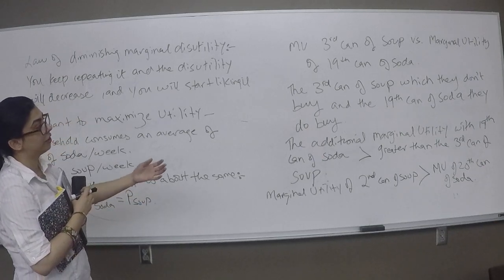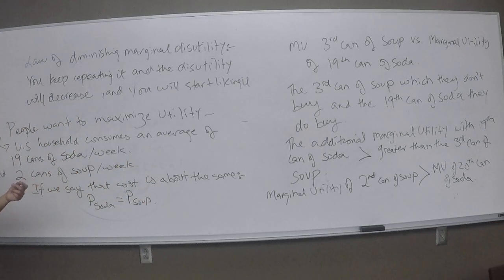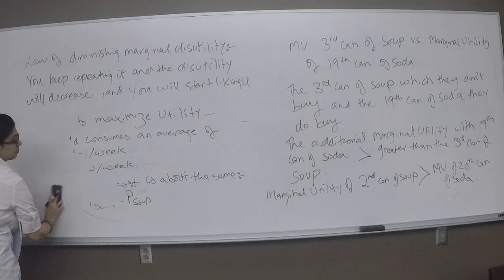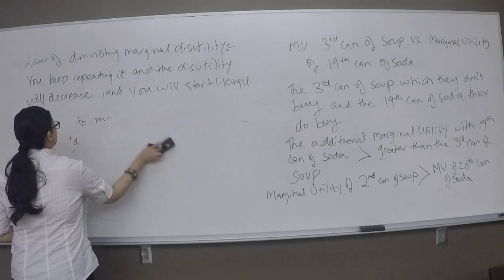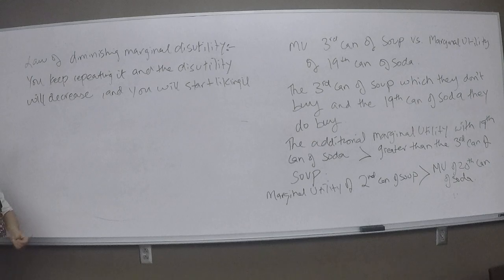Or the third can of soup which they don't buy and the 19th can of soda they do buy, the 19th can of soda gives them more satisfaction than the third can of soup. So utility is simply a measure of satisfaction.